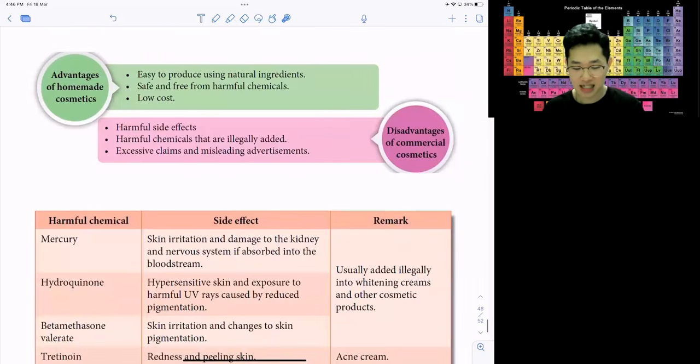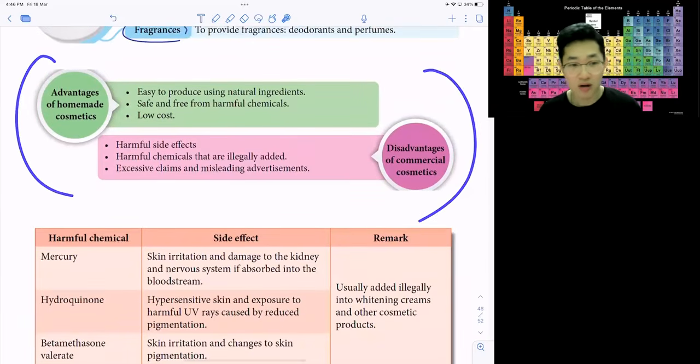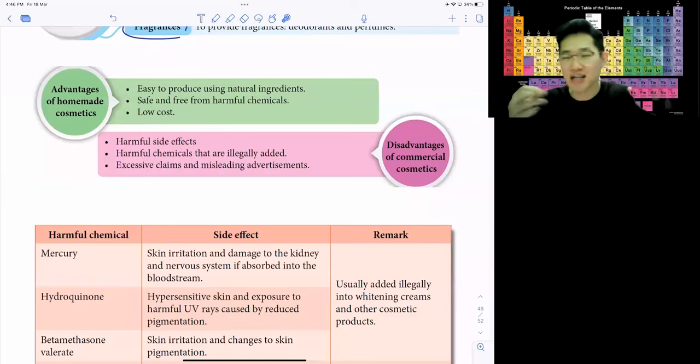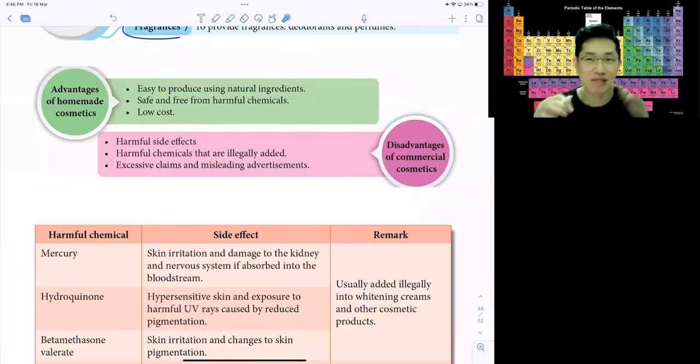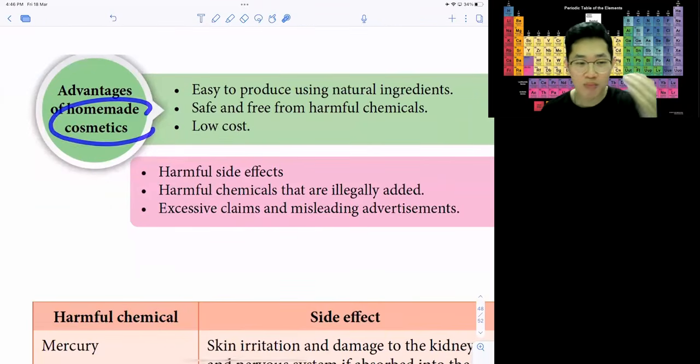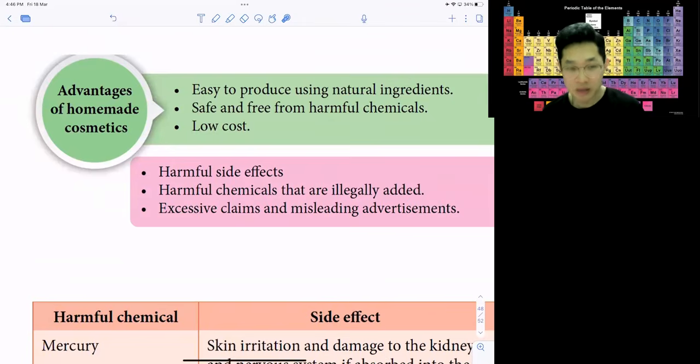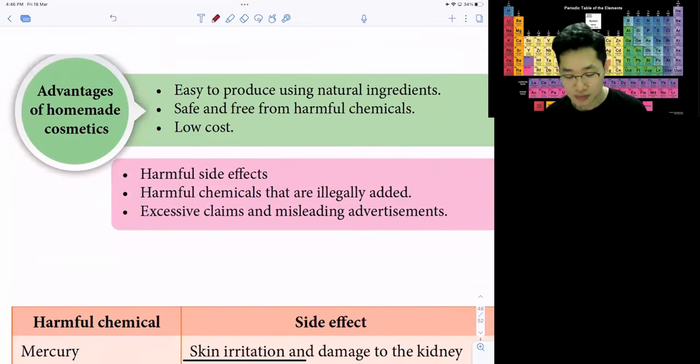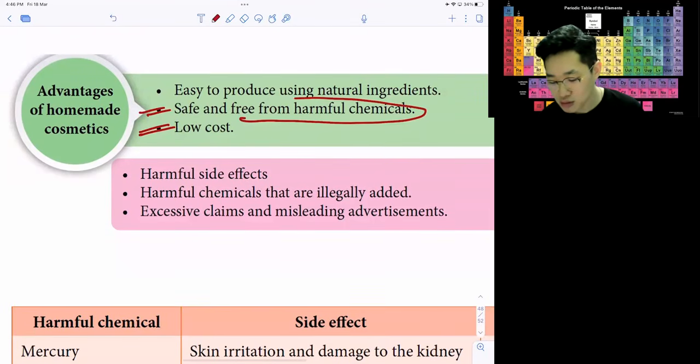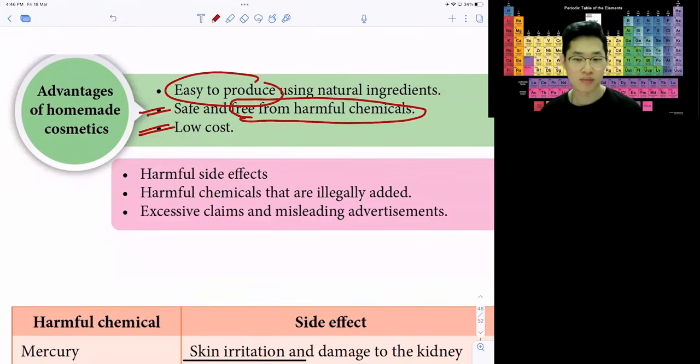Last, I think this will come out as a KBAT question, the favorite type. They will ask you why this auntie uses homemade cosmetic. Reason is low cost. At least remember 2: low cost, free from harmful chemicals, or easy to produce.